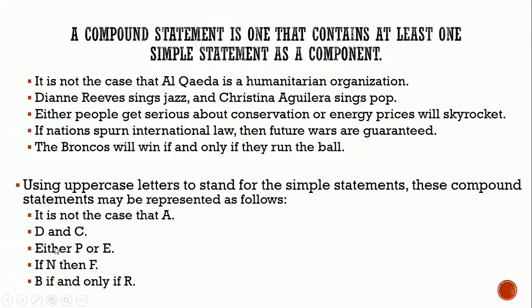Either people get serious about conservation or energy prices will skyrocket. So either people get serious or energy prices will skyrocket. Then, if nations spurn international law, then future wars are guaranteed. If N, nations spurn international law, then future wars are guaranteed.